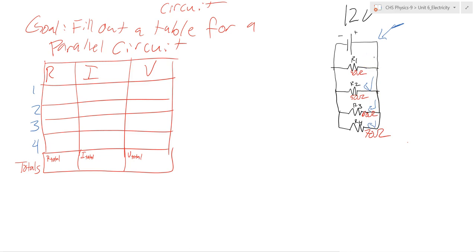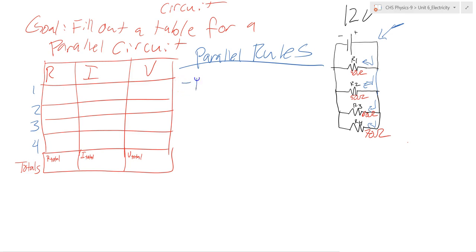So that's why this is going to act much differently than we had for our series calculations. It's going to work very similarly, and these rules are only good for parallel. You'll notice that they're going to be similar but different.